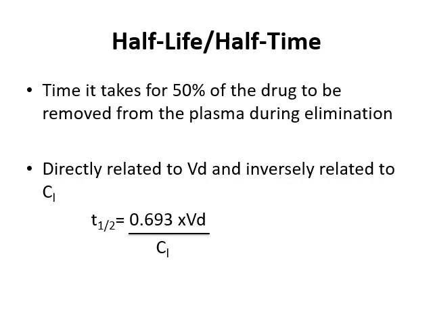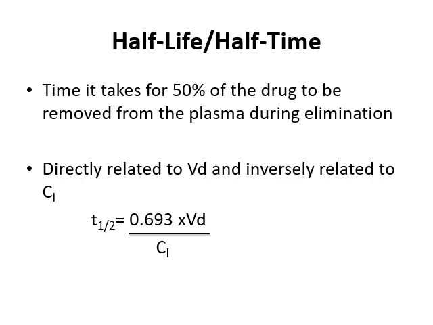So we talk about directly related to volume of distribution. The larger the volume of distribution, the longer it takes for the drug to clear. The higher the clearance, because it's inversely related to half-time, the lower the half-life, okay? Which means the duration of action is decreased. So your half-life is not as long. You're going to speed that up as your clearance is higher, okay?